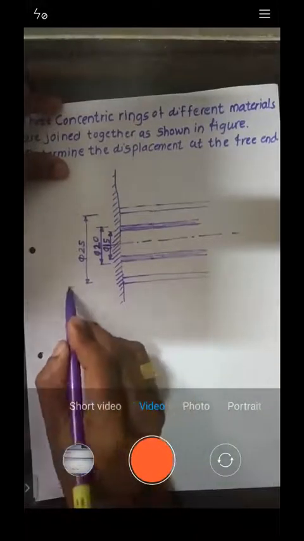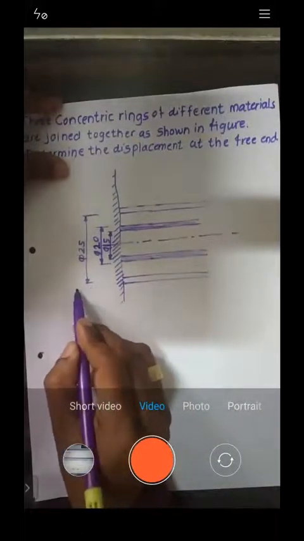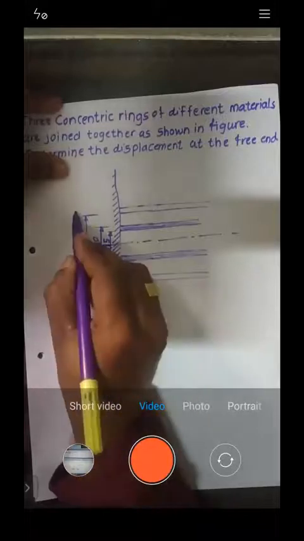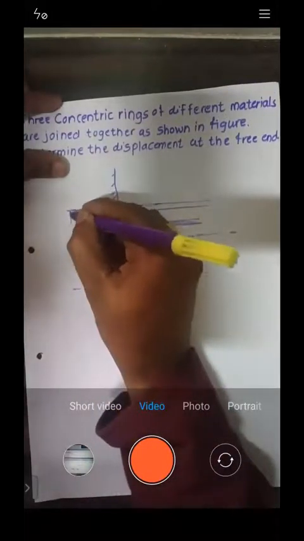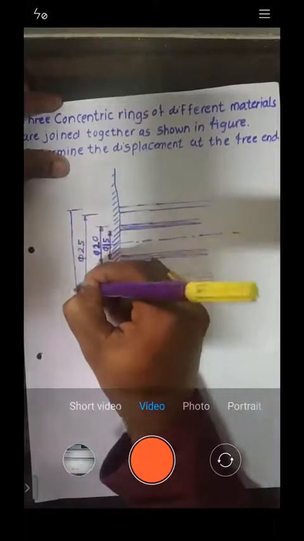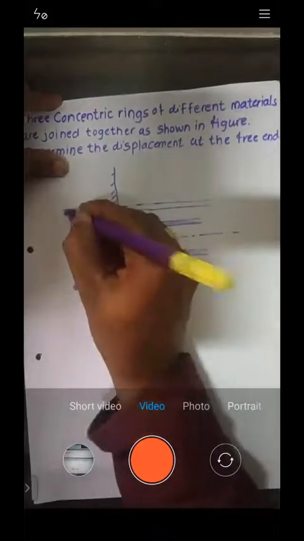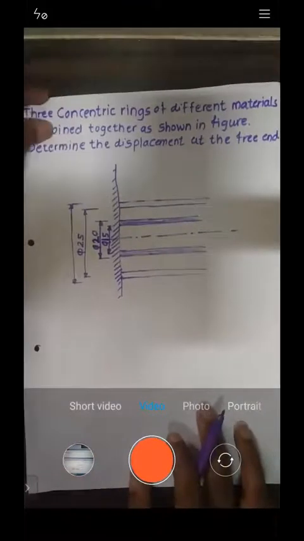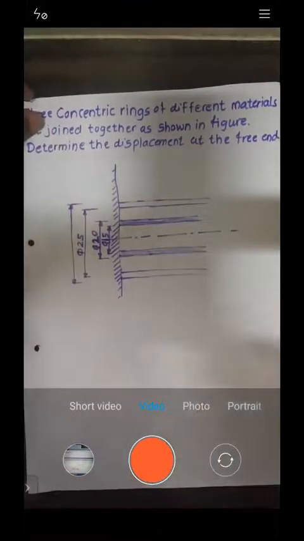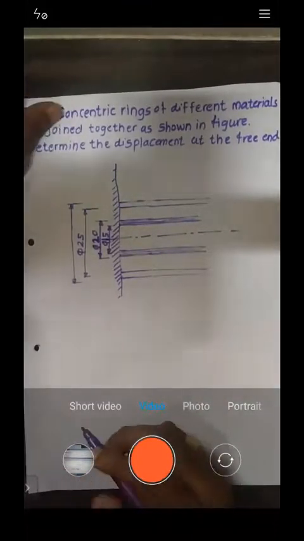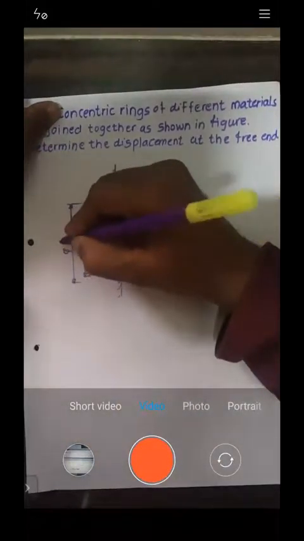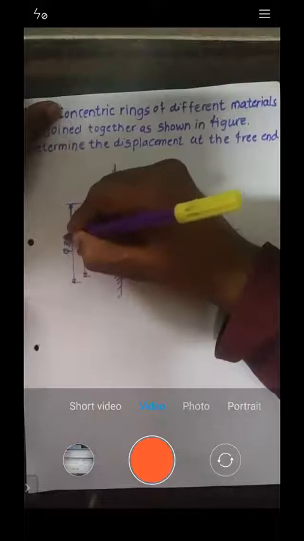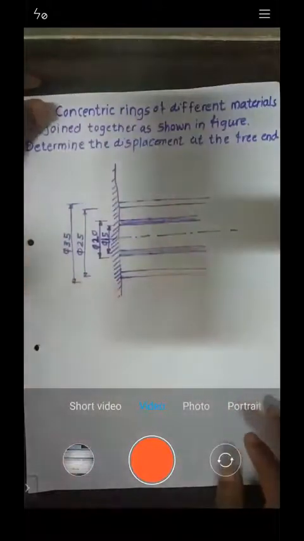Let's see this outer diameter: phi is equal to 35.